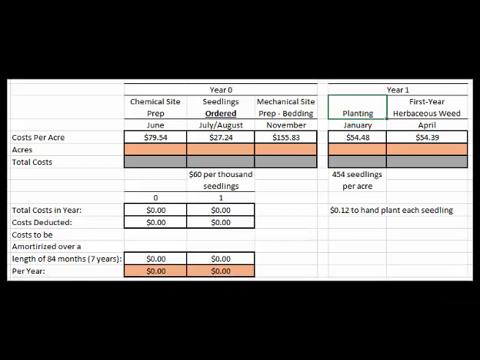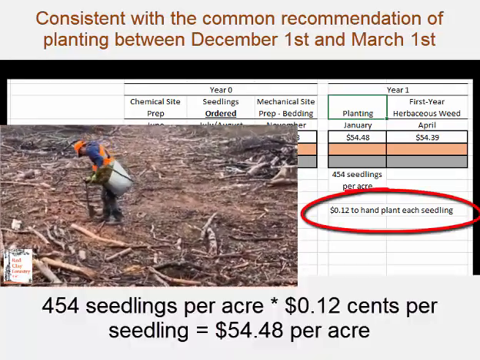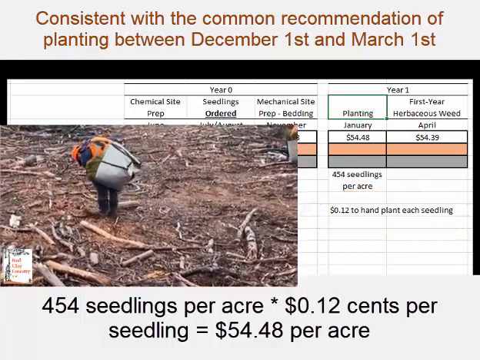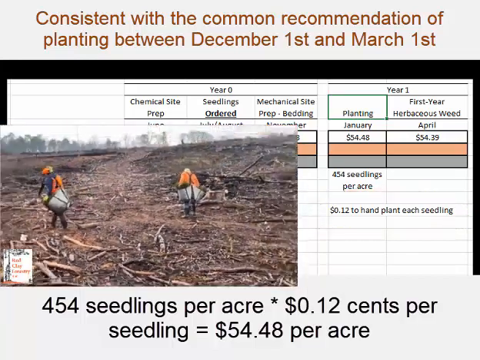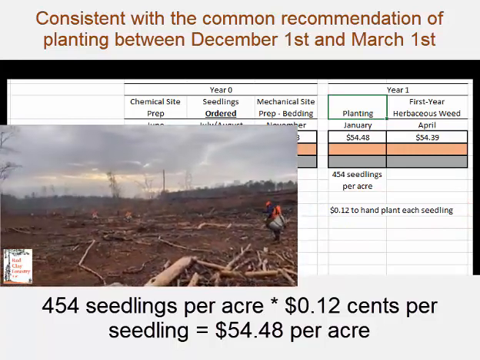And then we have our planting cost. Remember, we assumed it's 12 cents to hand plant each seedling. And since we're planting 454 seedlings per acre, that comes out to a cost of $54.48 per acre.